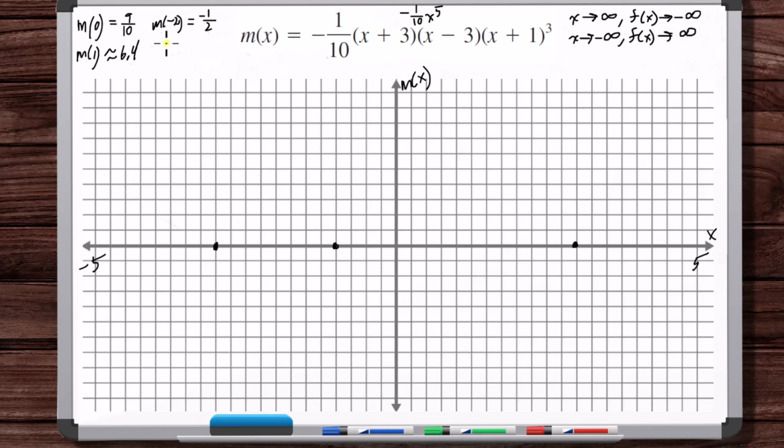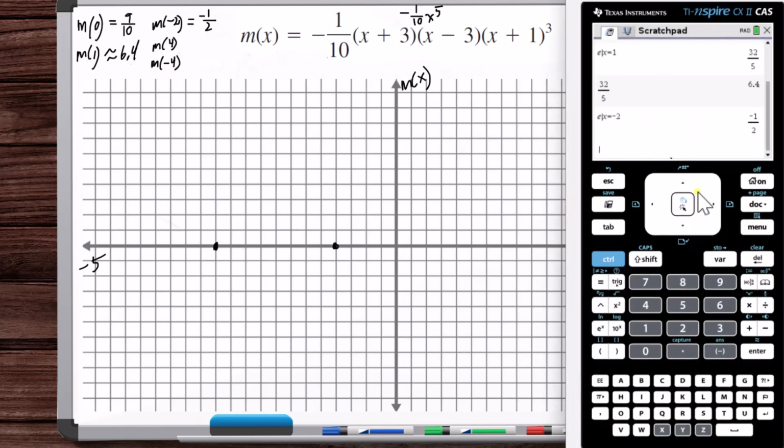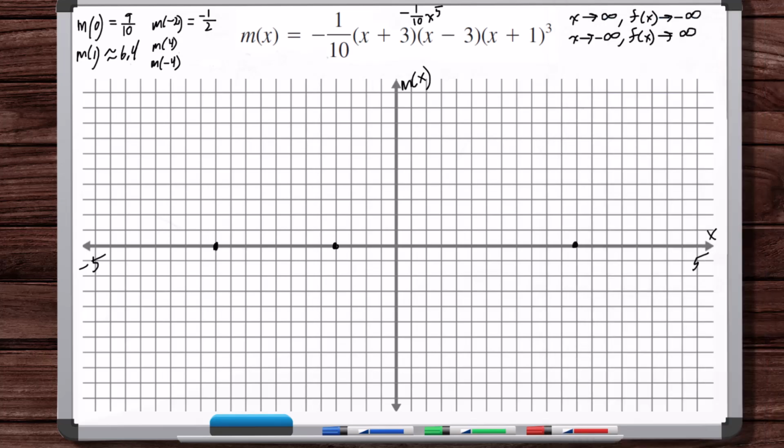Okay, now what about, let's see, m of 4 and m of -4? Minus 87.5 and 18.9.